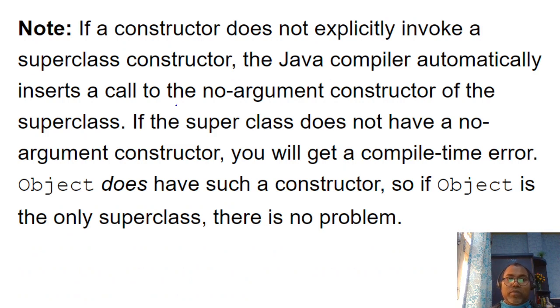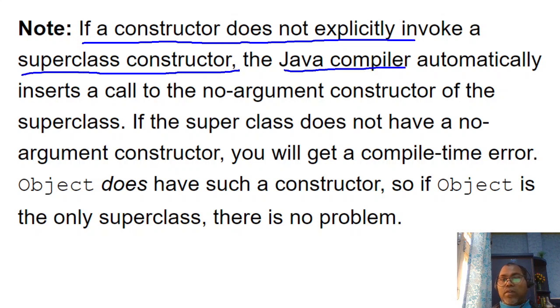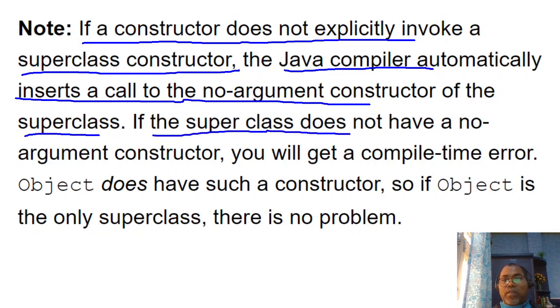If a constructor does not explicitly invoke a superclass constructor, the Java compiler automatically inserts a call to the no-argument super constructor. If the superclass does not have a no-argument constructor, the compiler will throw an error.